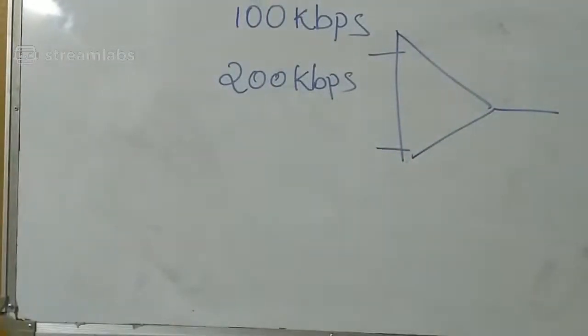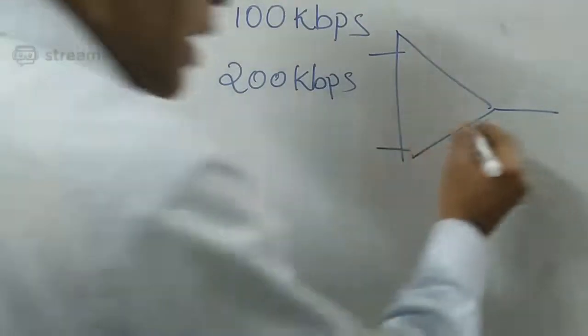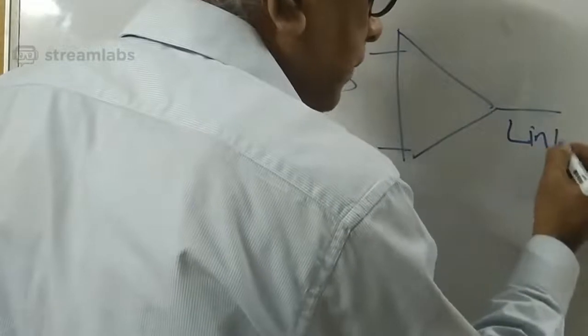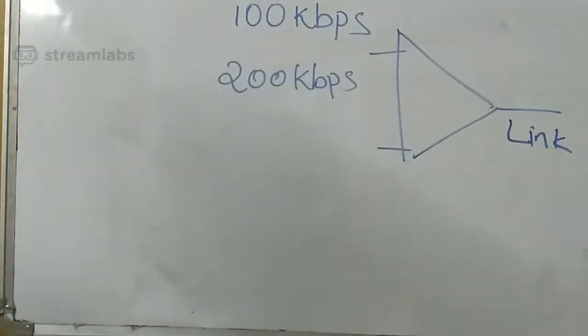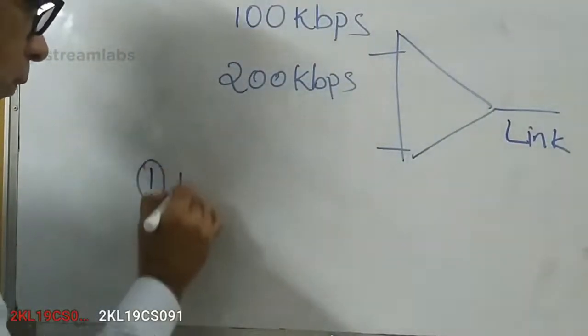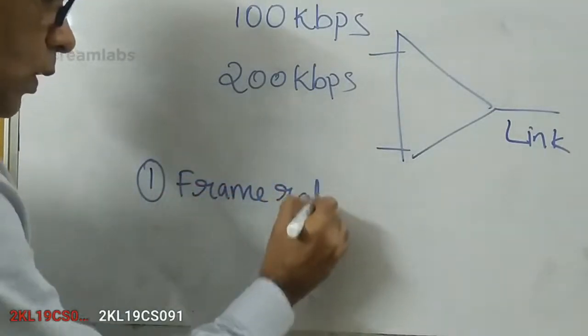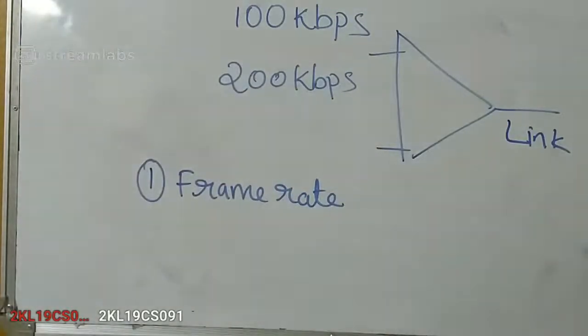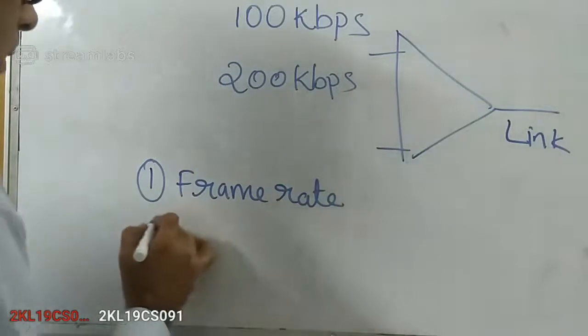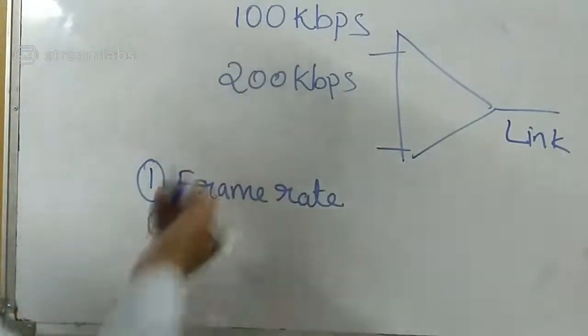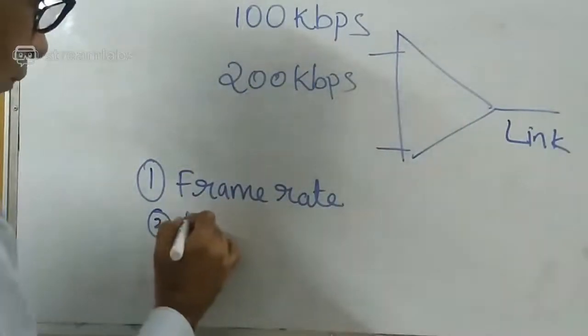Now what is asked is what is the frame rate, what is the frame duration, what is the bit rate of the link. Whenever they say a bit rate of the link, it is connected with this. What is the frame rate? How many frames are generated per second? That is the frame rate. Second one is what is the frame duration.